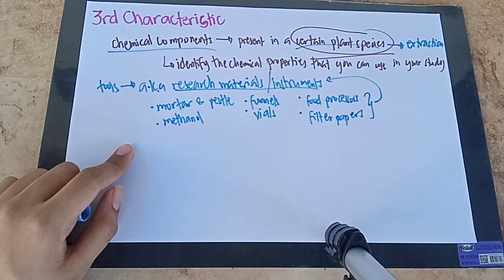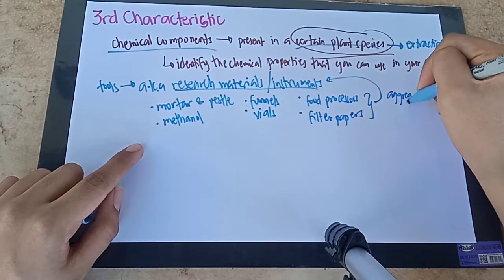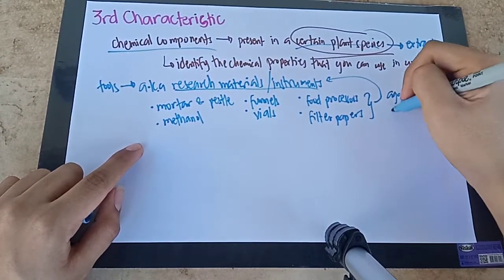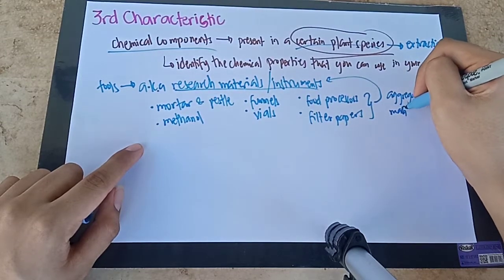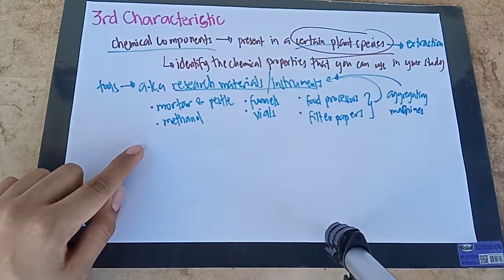Sometimes in extraction, researchers use aggregating machines. These aggregating machines are another example of a research instrument as well.